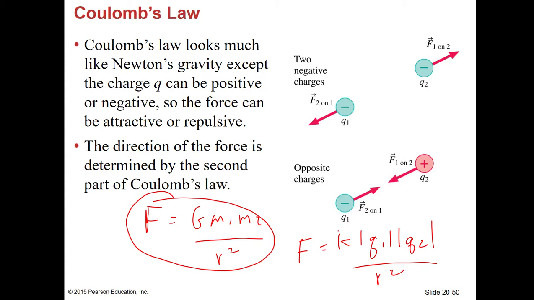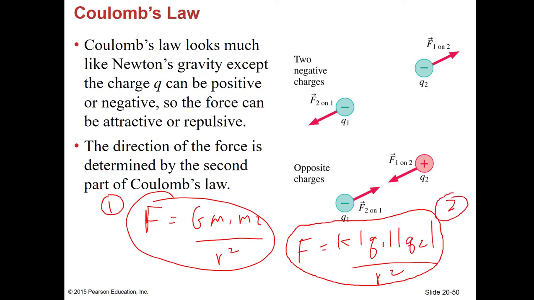We had a constant, here you have a constant, M1, well, this was for mass, this is for charge. M2, Q2, distance between them squared. Okay, so this was the first fundamental force law that we saw in physics 220. Now we have this one for physics 221. Okay, very good. Making some real progress in the physics world.